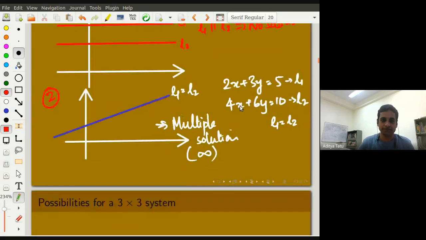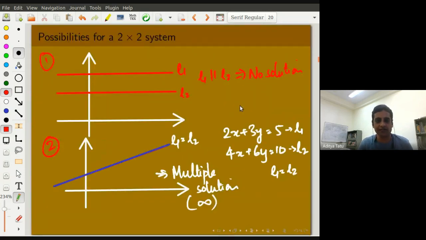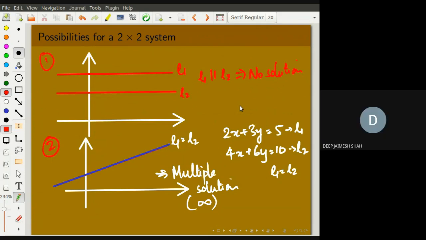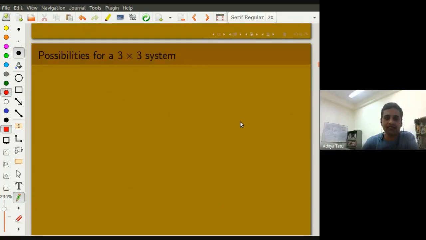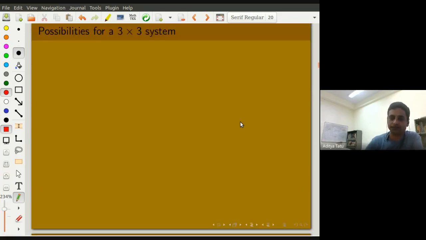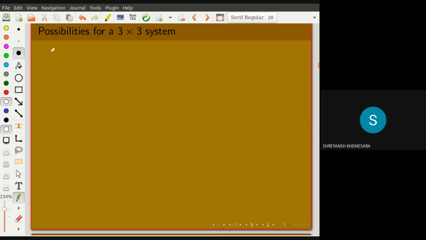Okay? Is there any other scenario that is possible here? No, sir. Okay. Then let's look at a 3 by 3 system. How do I interpret this? Planes. Okay.